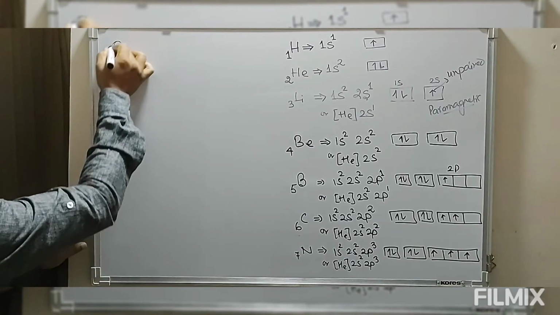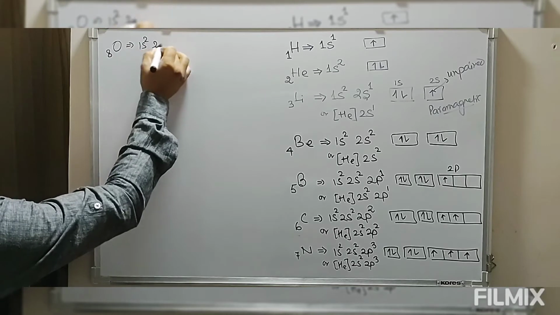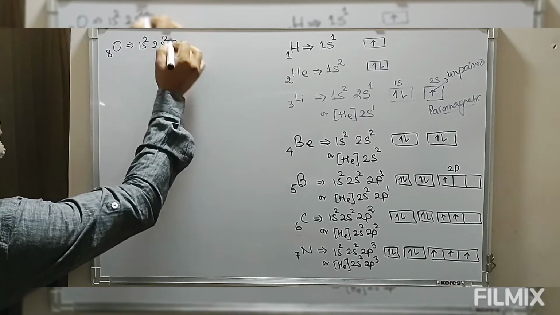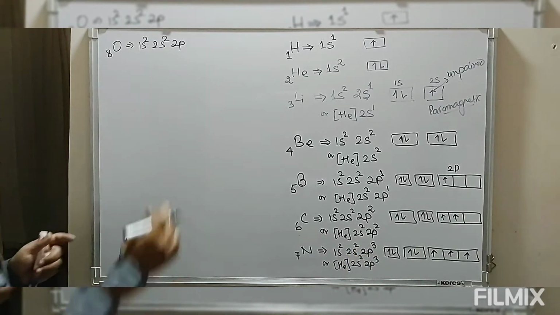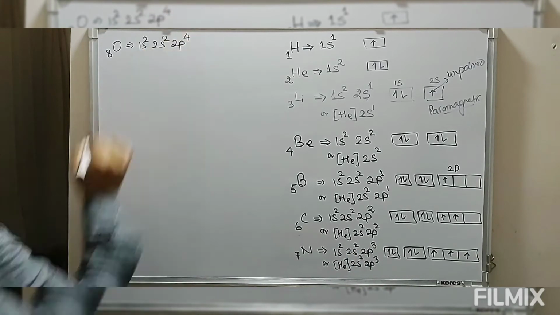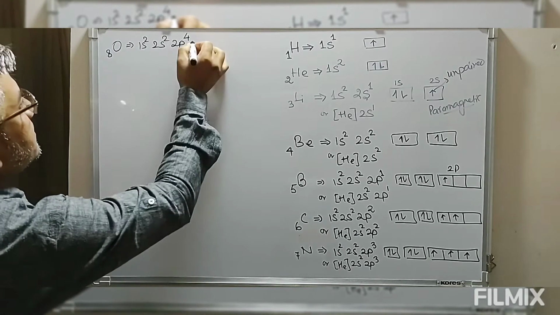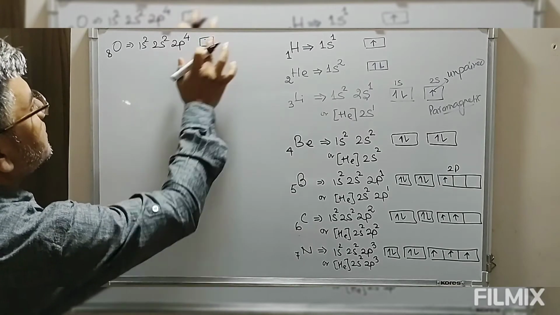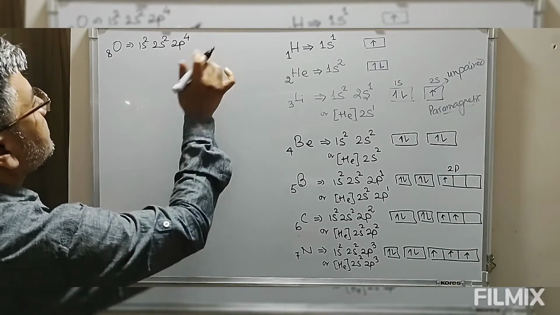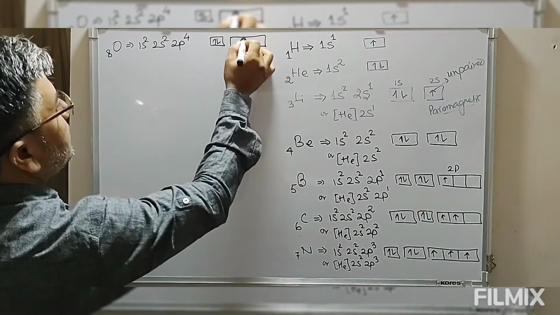Then we have oxygen, 8, 1s2, 2s2, 2p3. The 8th electron should also be placed in 2p because p has a maximum capacity of 6. In the box diagram, I will simply show the valence electrons. This is 2s, this is 2p.